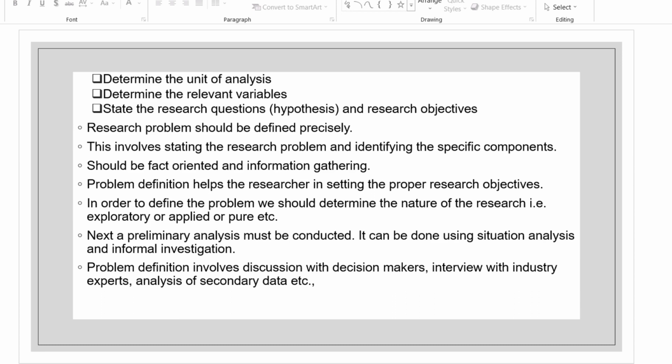Now the research problem, it should be defined accurately or precisely, and it should be fact oriented and information gathering. That means data should be available. And after the problem is defined accurately, now the researcher can set a proper research objectives.